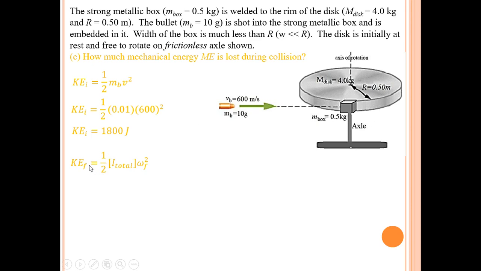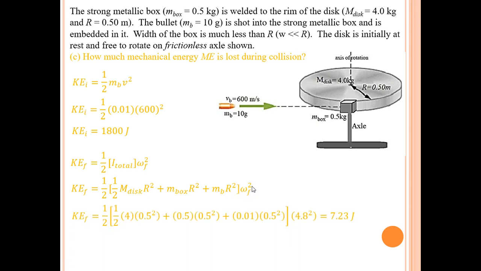So all we have to do is use the same format. 1/2, except for m, we'll use the moment of inertia of the system, and we'll square the final speed that we just found in part B. So if we expand I total to include all three items, the disk, the box, and the bullet, and then omega_f, we've got to square that because that is the function.